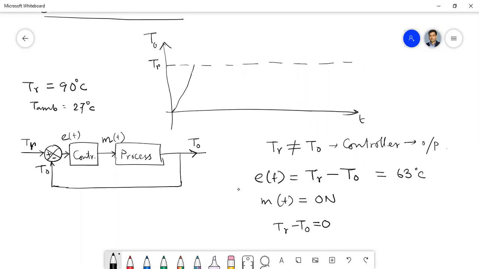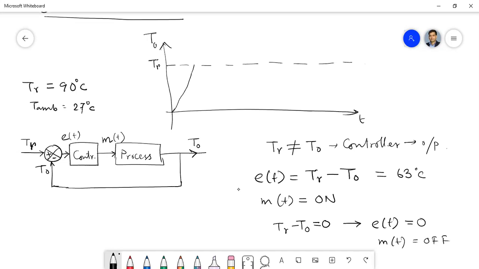Error will be 0. Clear? Now what will be the output of the controller? It will be off. So if the error is 0, my decision is also off.